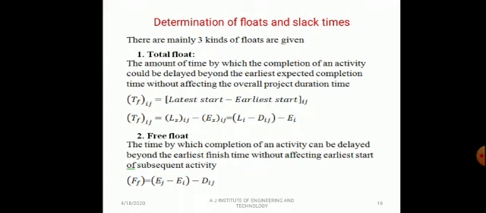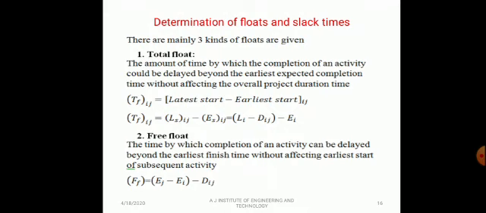Total float refers to the amount of time by which the completion of an activity could be delayed beyond the earliest expected time without delaying the total project duration. In other words, total float is the difference between the maximum time available and the actual time required to perform an activity.